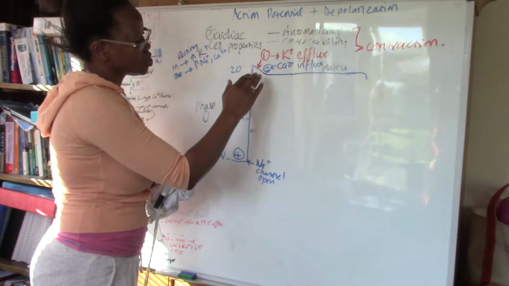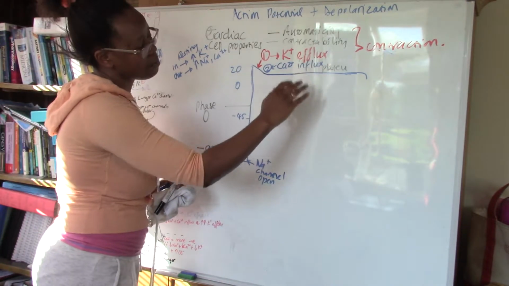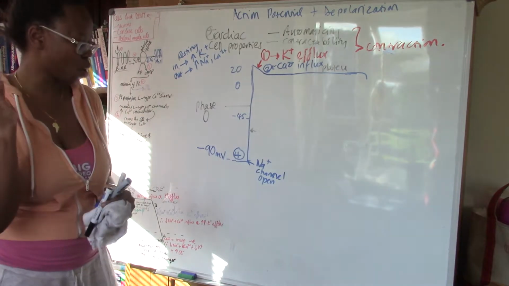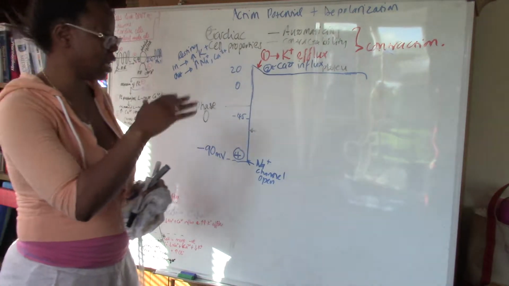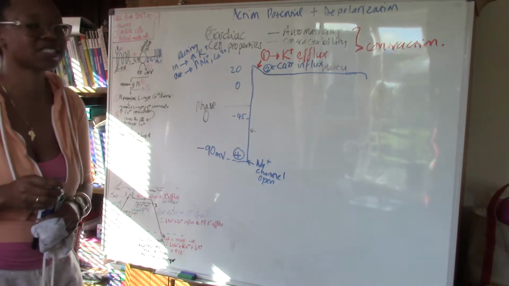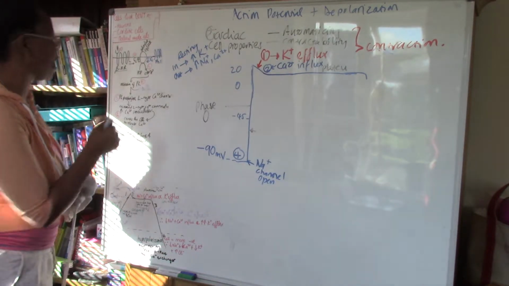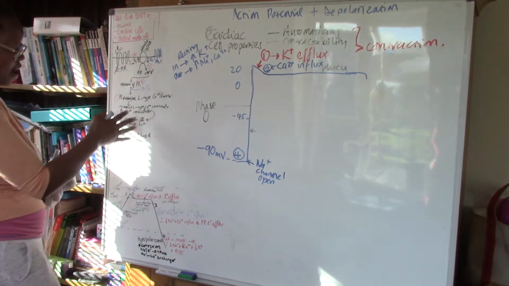So once we have calcium coming in, if we were to go back into the cell and look at this at a cellular level, we will find this diagram, which I have already drawn there.